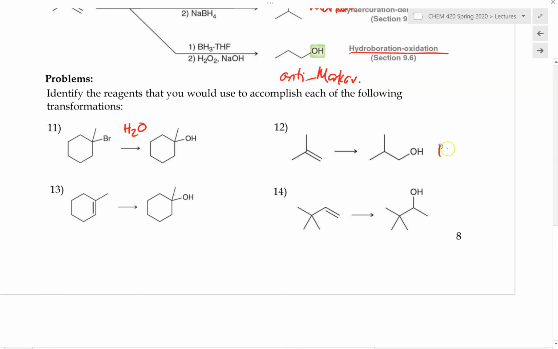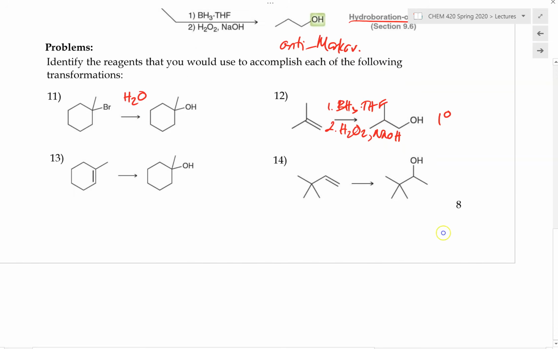This is undergoing an anti-Markovnikov addition. Therefore, we have to use BH3 and THF, the hydroboration followed by oxidation method, then H2O2 with sodium hydroxide. This reagent will give us this primary alcohol. And again, this will be the anti-Markovnikov product.